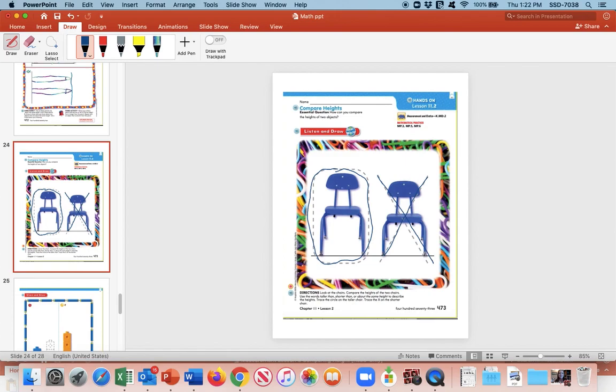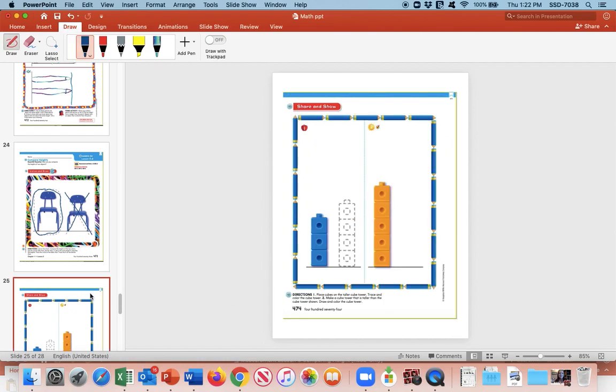So using the words shorter, taller, or same height is what we're going to be working with today. Let's move on to the next page. And we are going to be looking at linking cubes again, just like we did with our last lesson. So it says place the cubes on the taller cube train.